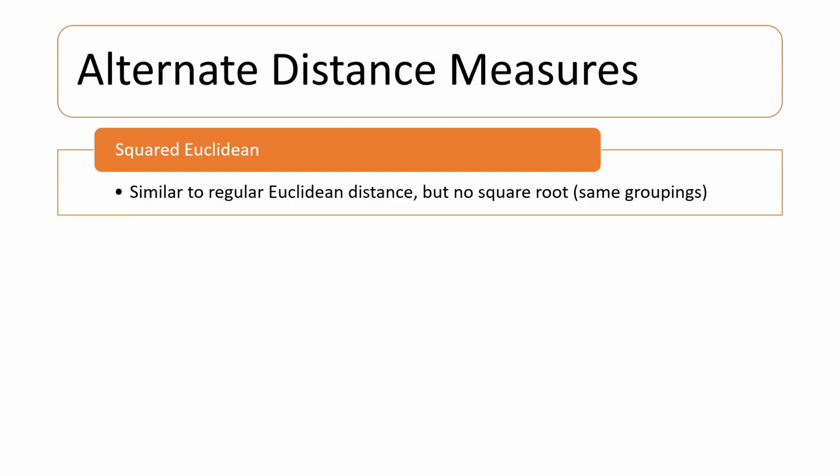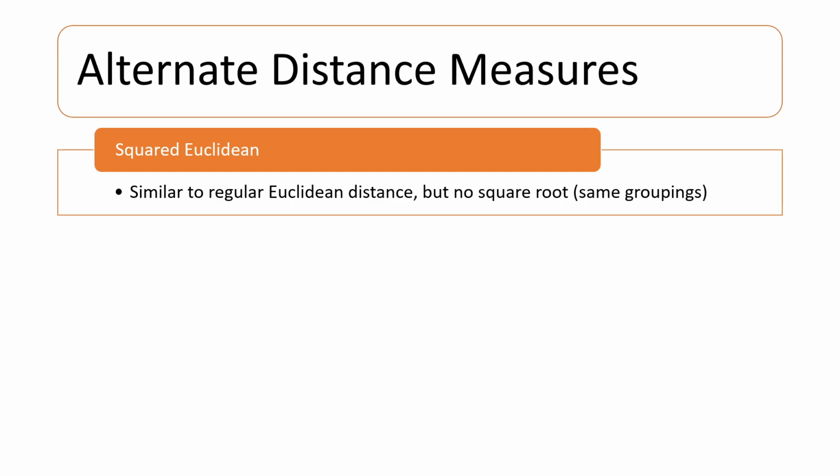Now this does actually change the distances, but what's interesting about this is for an algorithm like k-means, the squared Euclidean distance is going to give us the exact same determination as to which cluster a particular point belongs to as regular Euclidean distance. And so this doesn't actually change the solution in k-means clustering at all. It just makes the algorithm a little bit faster.